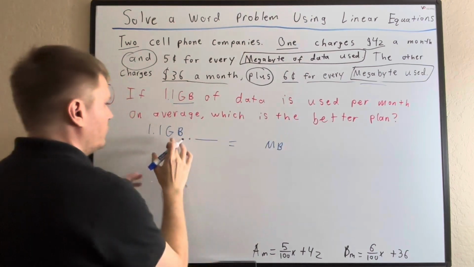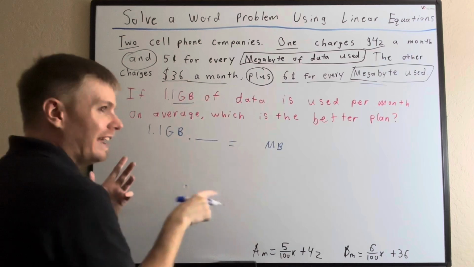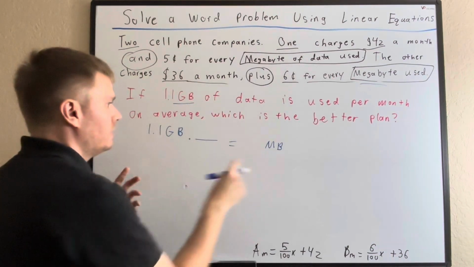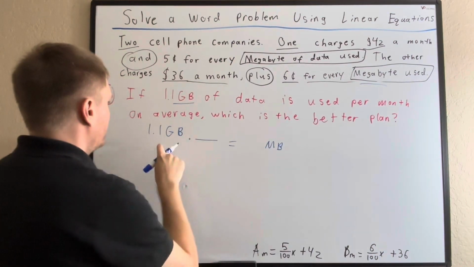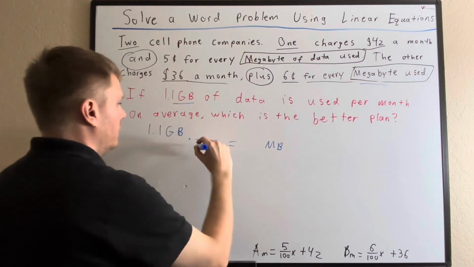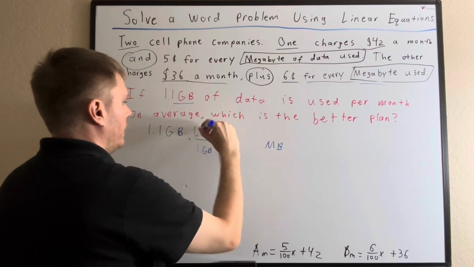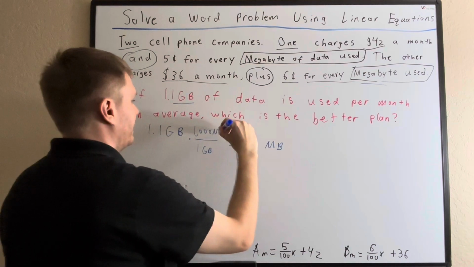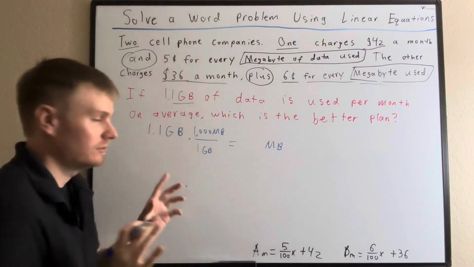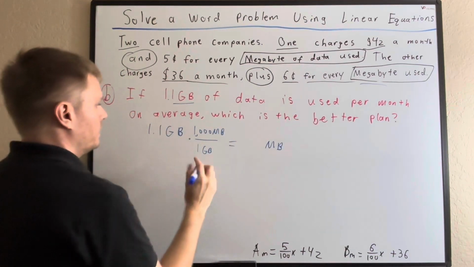You just kind of multiply something by a fraction and you cancel out the units until you get the unit that you want. So we want megabytes. We have gigabytes. We know there's 1 gigabyte in how many megabytes? I had to look this up just to make certain I knew what I was talking about. 1,000 megabytes in 1 gigabyte.